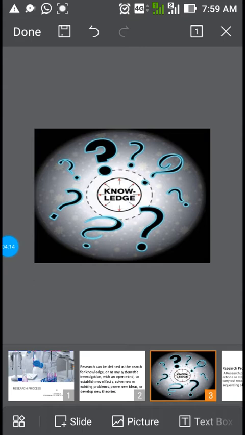The student faces a problem when he selects the topic, as he doesn't know actually how to select it. So these primary and secondary sources help him to find his topic.